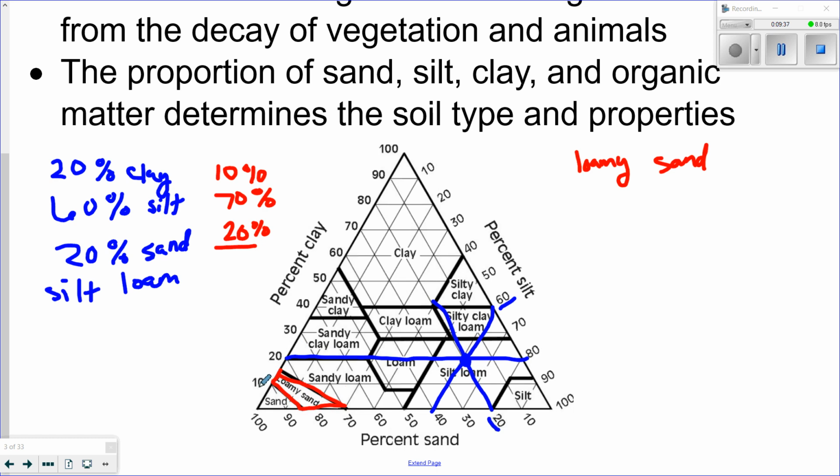So maybe I would just pick a point. If I pick a point here in the middle, I would say that's probably about 5% clay, about 80% sand, and then the other percentage would have to be about 15 for silt. So you can come up with those percentages that would fall in that area.